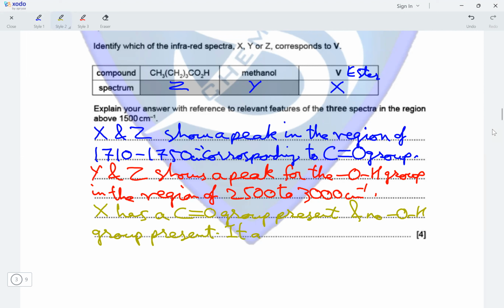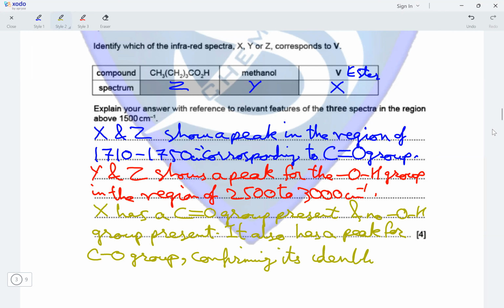It also has a peak for C single bond O group, confirming its identity as an ester.